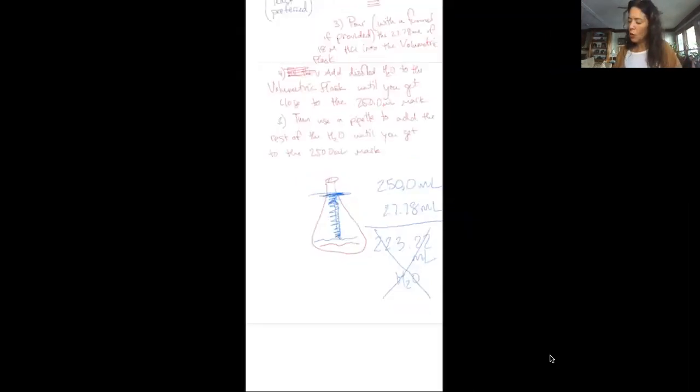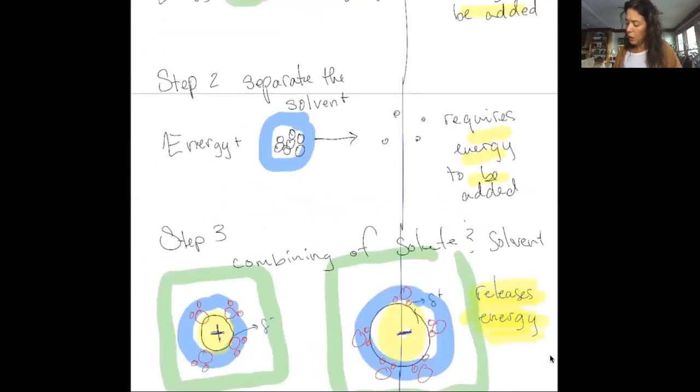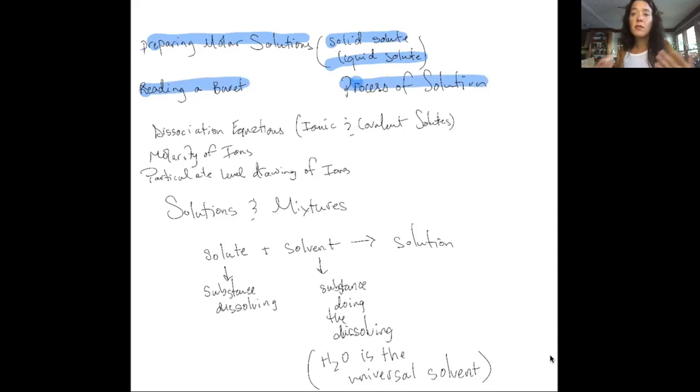Okay? So let's review what we've looked at here, and what we didn't look at here. We did talk about preparing molar solutions, both with a solid, when we need to get the mass and use a scale, and a liquid, where we use our M1V1 = M2V2 equation. We talked about how to read a burette. We talked about the step 1, step 2, step 3 process of forming a solution, the process of solvation.